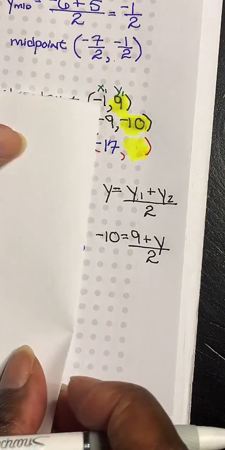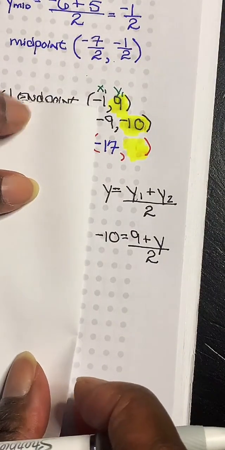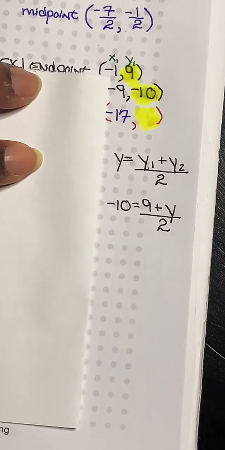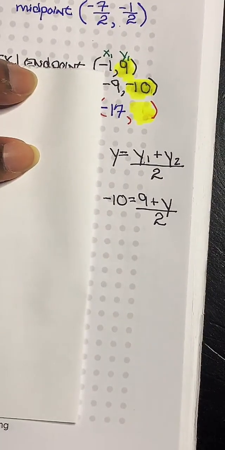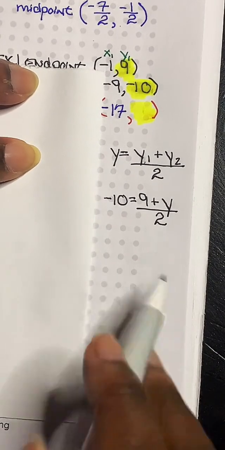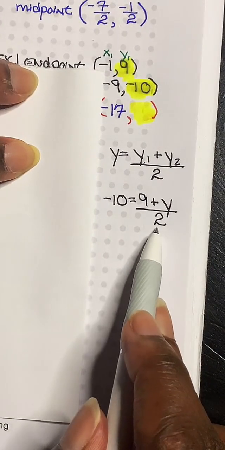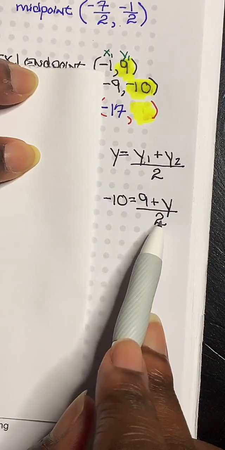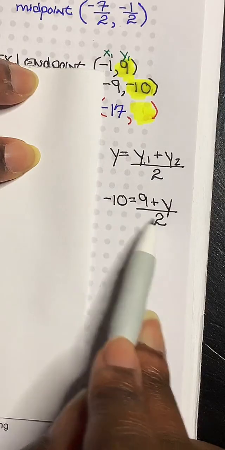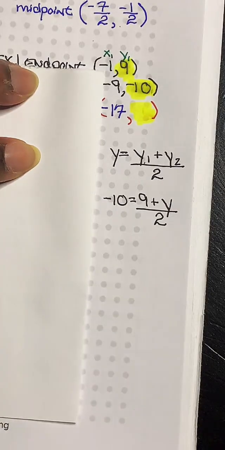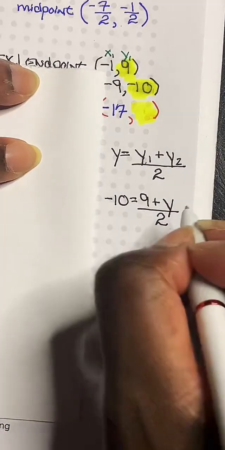Okay. So instead of looking at this, let's focus on this. That should cause a little less anxiety. In order for us to get rid of this fraction, we need to multiply both sides by 2.